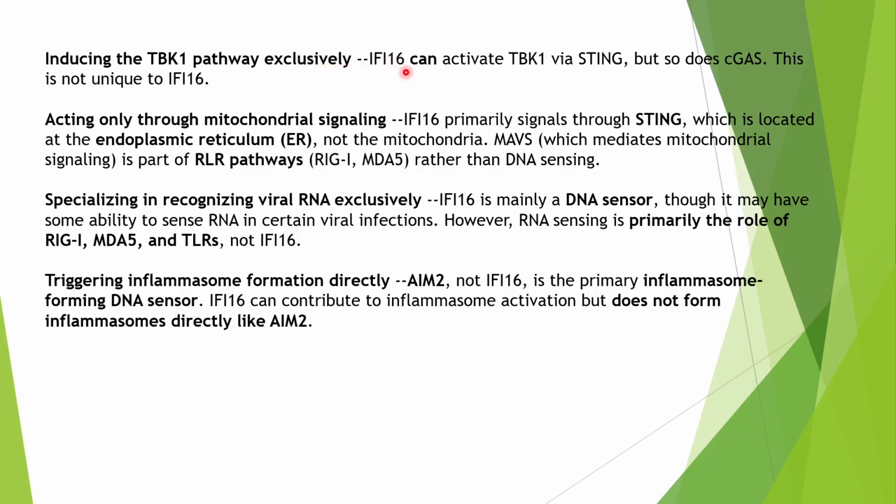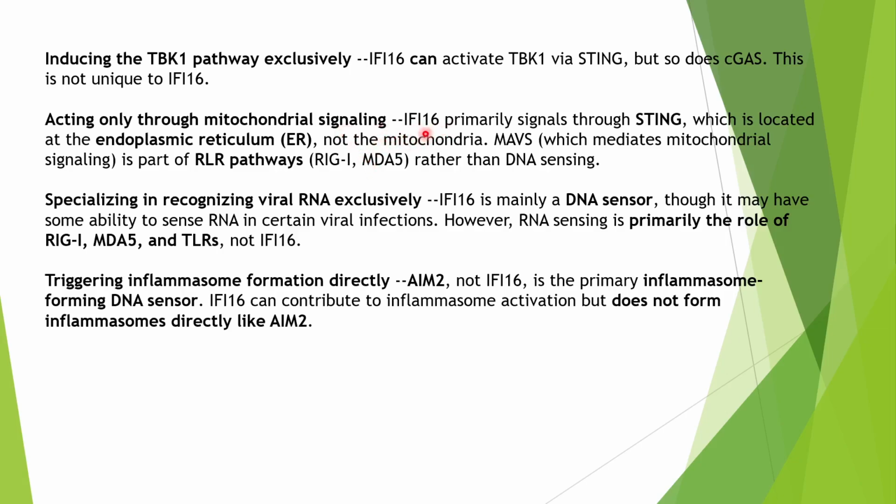IFI16 can activate TBK1 via STING, but cGAS also does this. So this property is not unique to IFI16. Acting only through mitochondrial signaling? IFI16 primarily signals through the STING pathway, which is located in the ER and not in the mitochondria.